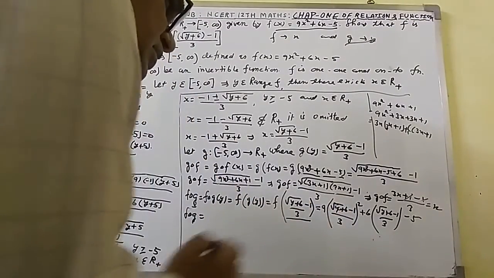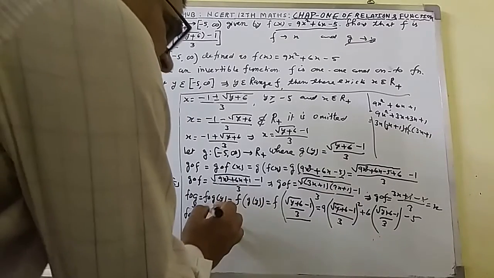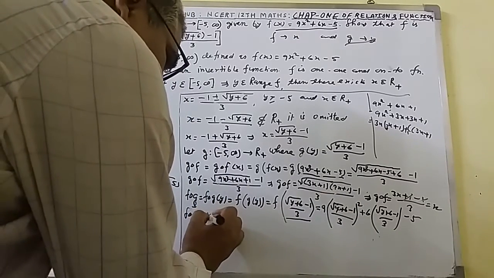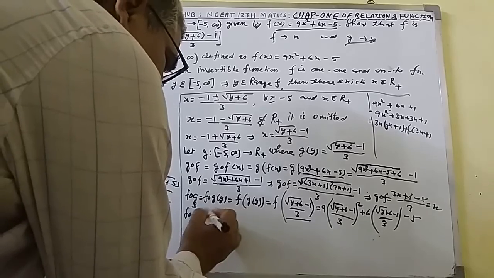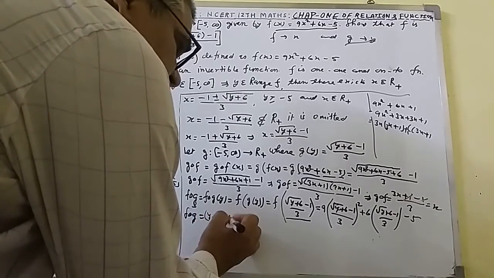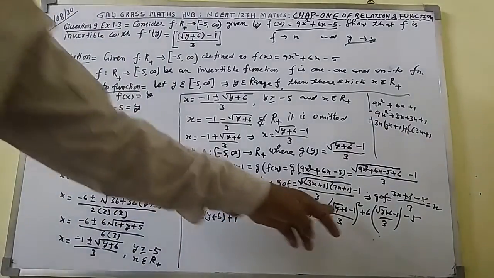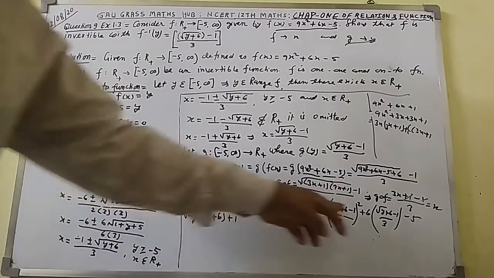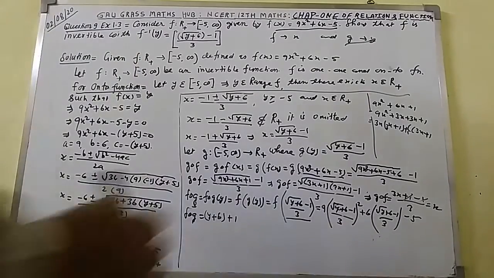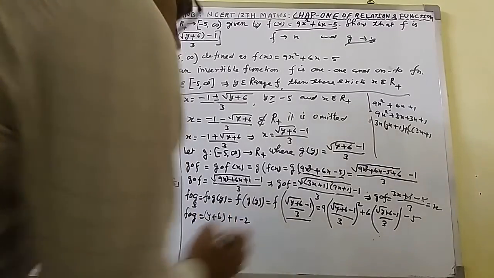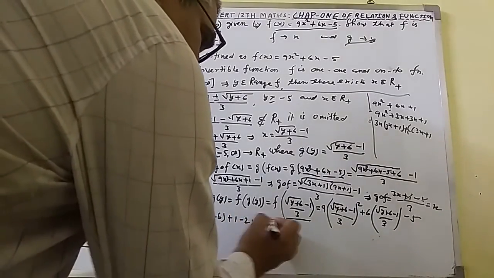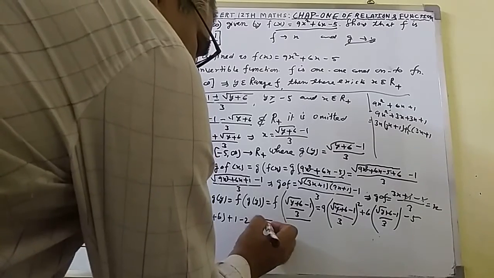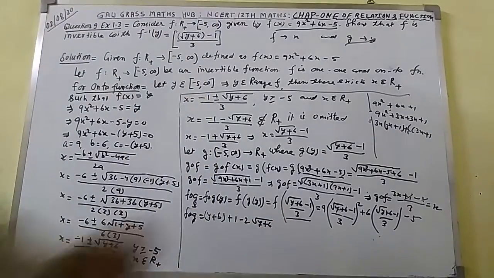Here you get 9. So expand this one. In the expansion we will get (√(y+6))² plus 1 minus 2√(y+6). You will get this one.